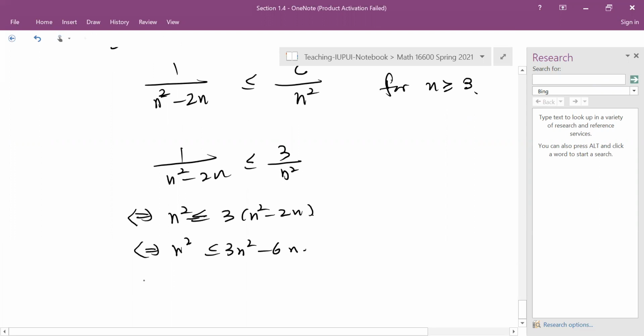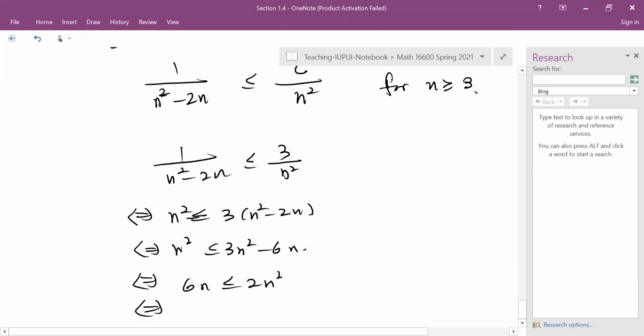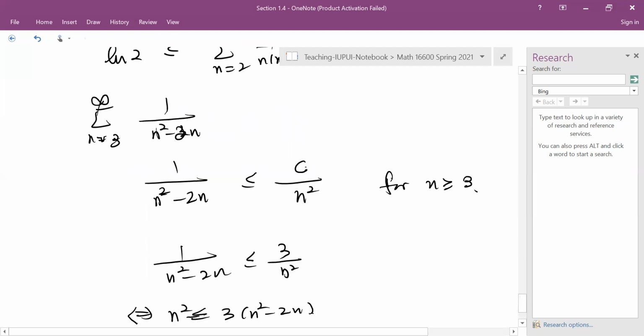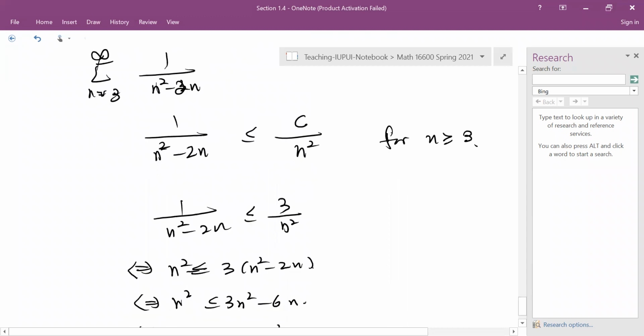So that's going to be 6n less than or equal to 2n squared, which is equivalent to 3 less than n. Great, it's perfect. So then you can use a comparison test to prove this convergence.